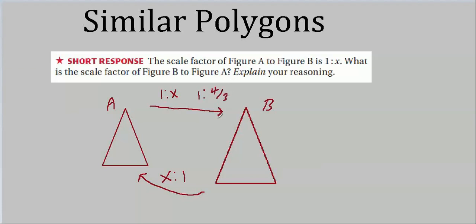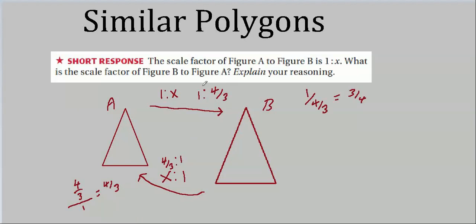Well, if we write 4/3 to 1 here, remember these can also be interpreted as fractions. So if you write the scale factor as a fraction, I think it's easier.